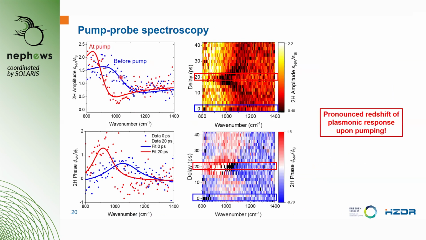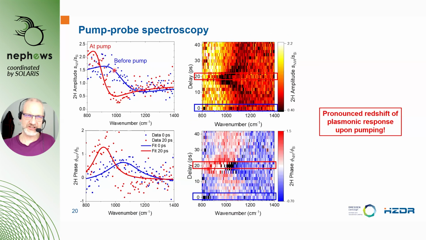Now the signal to noise is much worse. I don't want to go into the details, but you can imagine that a pump probe experiment is more difficult to do than just static spectroscopy. Anyway, if we pump, then the red curve, this resonance, shifts to lower energies. And we see this both in the amplitude signal and in the phase signal here.